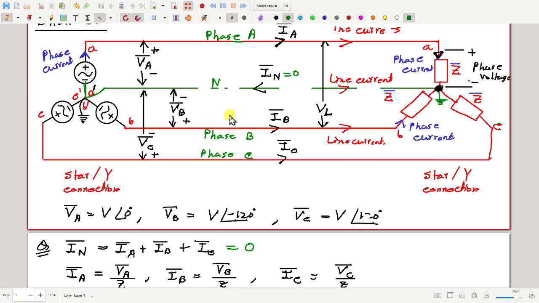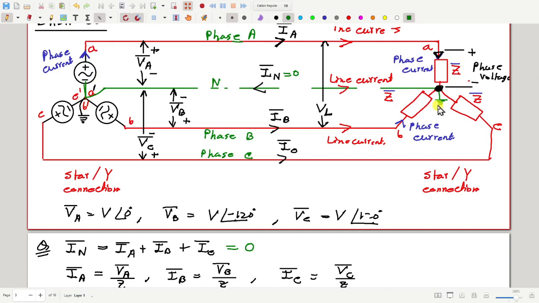So even if we do not put the neutral line, there is no harm. Effectively, only 3 lines are there to carry power or current from the generating station to the load side.